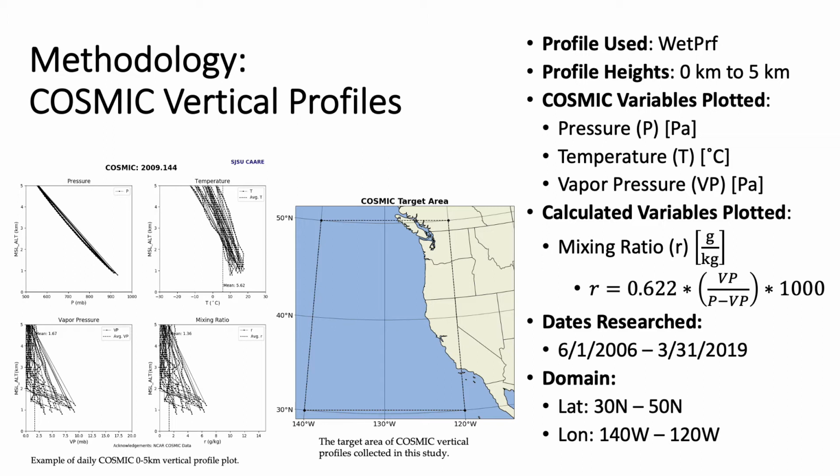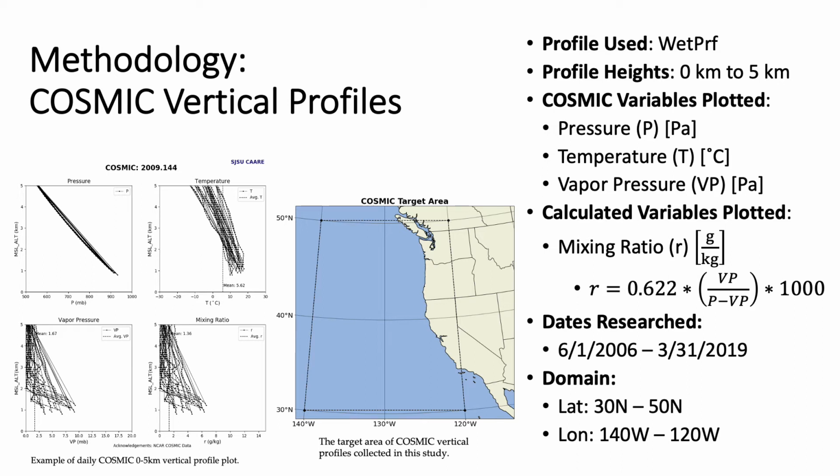We researched between the start of the mission, which was in June of 2006, and we ended the mission basically right at the point the instrument went offline. We did exclude the last couple months of data due to tons of errors, a lot of missing data as the satellite was losing the ability to update data to it.